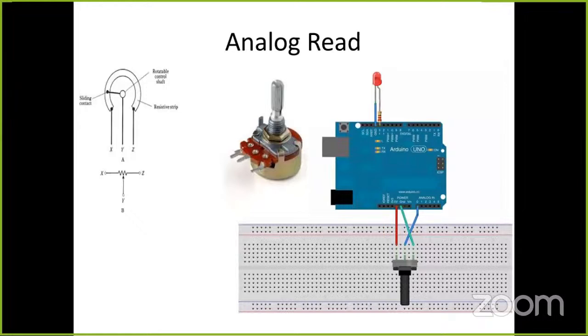Whenever we have to read any kind of analog sensor, we have to use the ADC over here. The ADC is used in the analog pin like this. ADC stands for analog to digital converter.